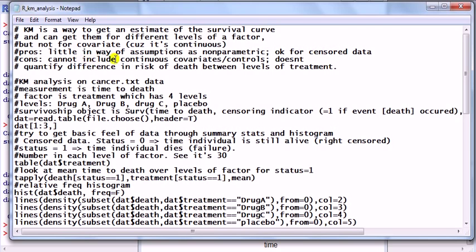Con: it cannot include continuous covariates. Here we've looked at factor levels over the factor of treatment, which is categorical. If we want to use something continuous, we can't, unless we change that continuous variable into categorical, which we can do by chopping it up. But then the results might be sensitive to how we chop up the covariate.